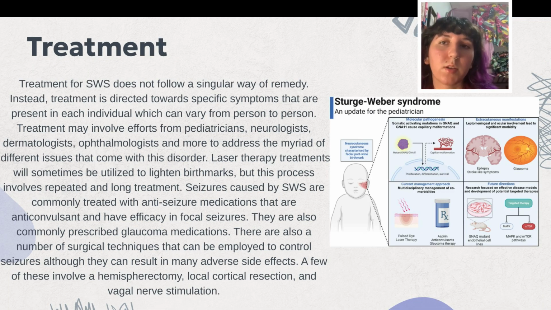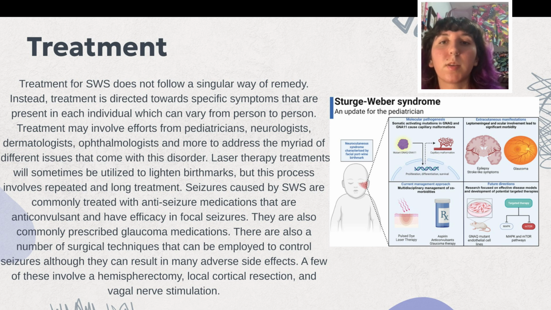Treatment for Sturge-Weber syndrome. Treatment for SWS does not follow a singular path of remedy. Instead, treatment is directed towards specific symptoms that are present in each individual, which again can vary from person to person. Treatment may involve efforts from pediatricians, neurologists, dermatologists, ophthalmologists, and more to address the myriad of different issues that come with this disorder.